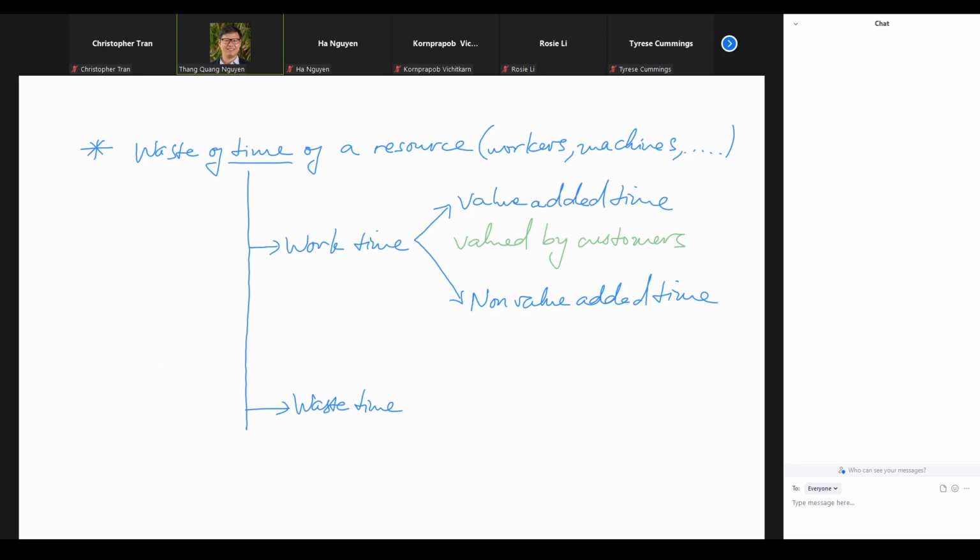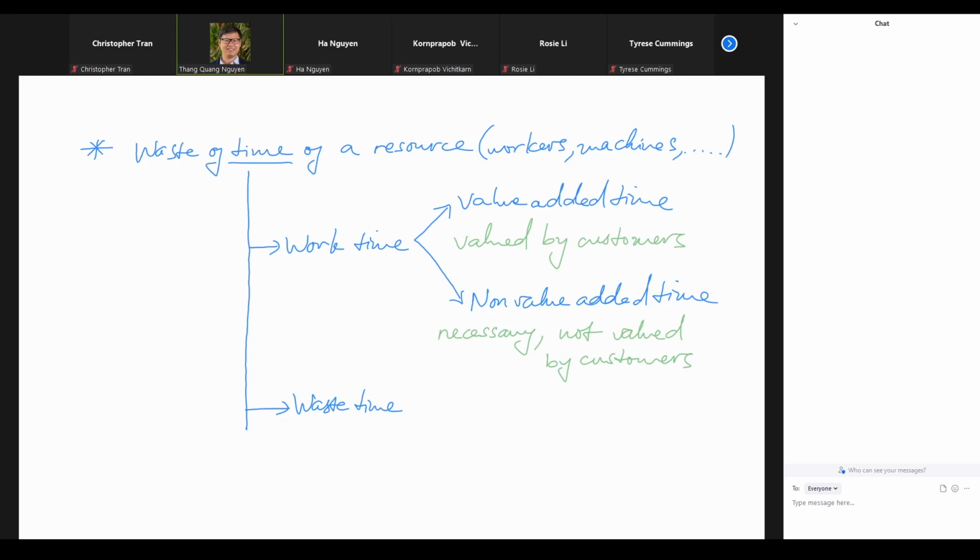The non-value-added time is the following. They are necessary. The activities are necessary, but they will not be valued by the customer. For example, before we weld two parts together, we have to set the two parts to be close to each other at the right angle, at the right spot, things like that, right?